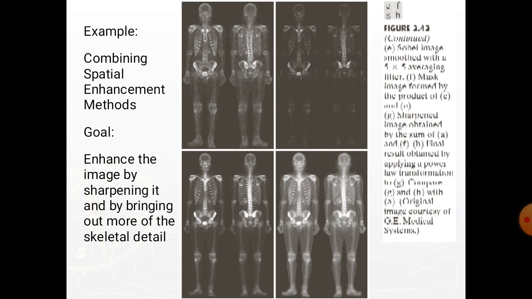Physicians are unlikely to rely on enhanced results to arrive at a diagnosis. However, enhanced images are quite useful in highlighting details that can serve as clues for further analysis in the original image or sequence of images.